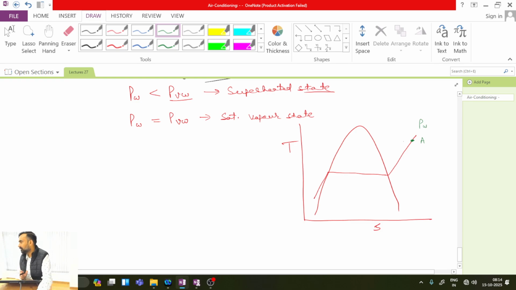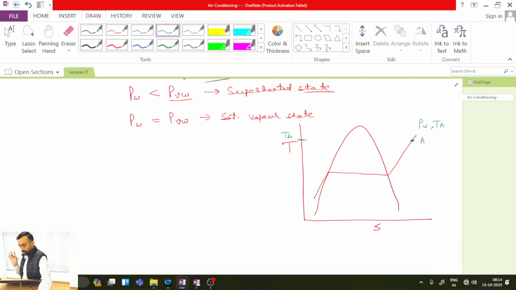Is this one clear? The corresponding temperature is TA. So this temperature is basically TA and PW is the pressure. Is this point clear? That is my state A.